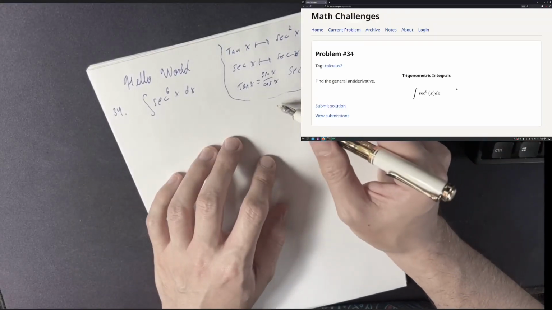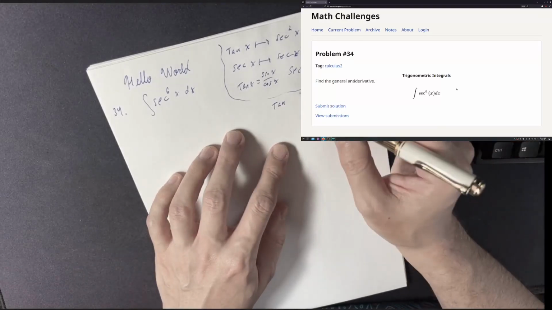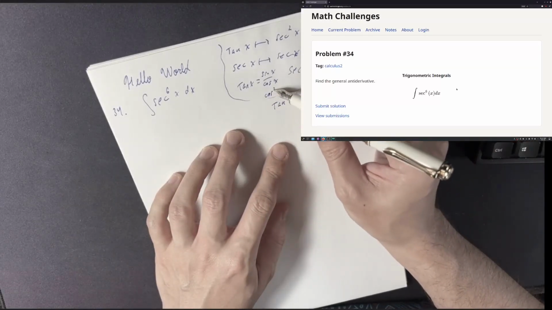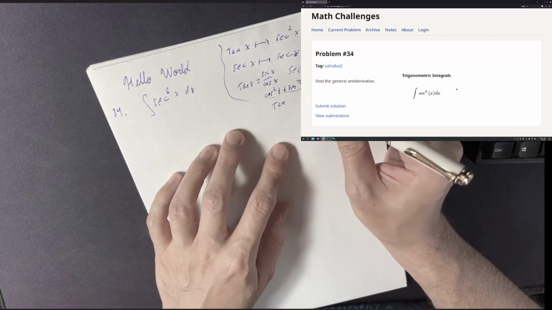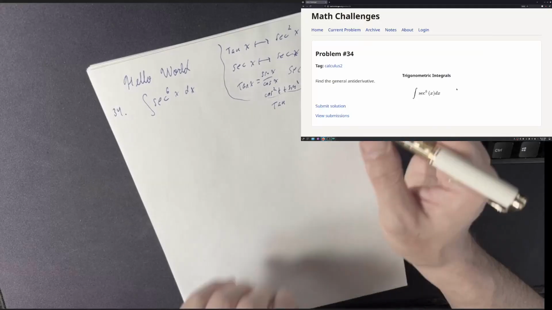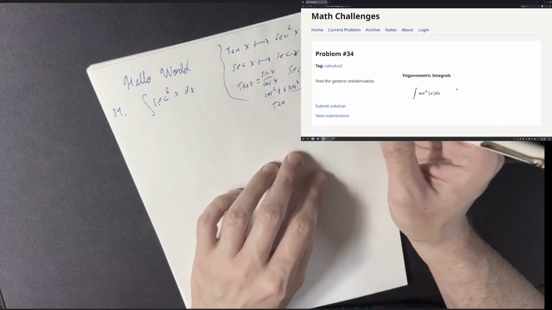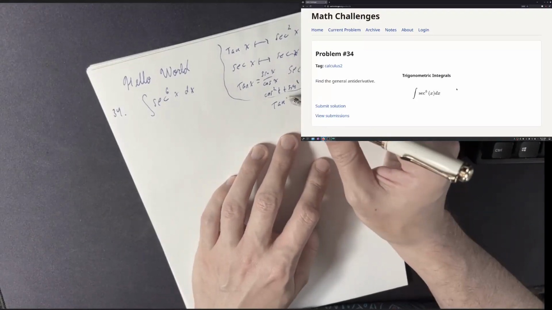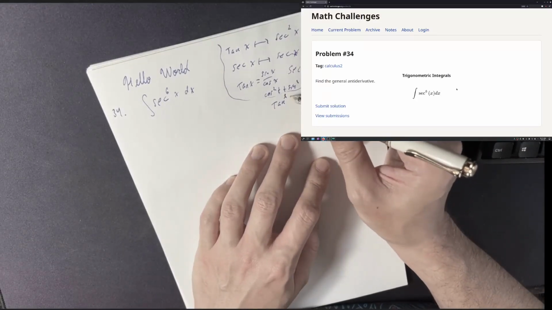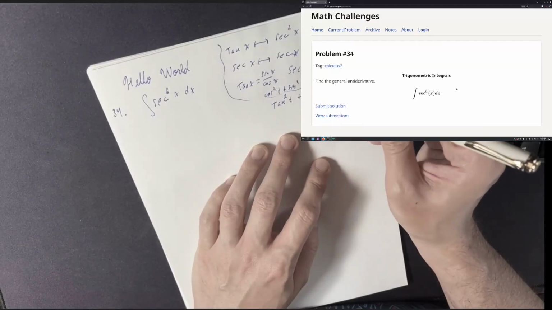Before I seal that off, you probably also want to know some identities. Probably cosine squared plus sine squared is 1. Tangent squared plus 1 is secant squared.